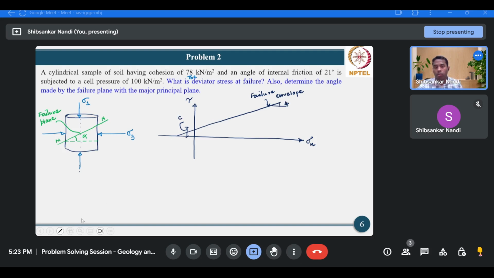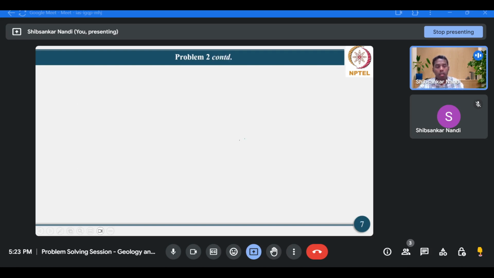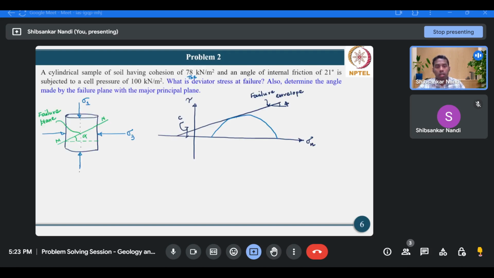Now we can draw the state of stress in terms of a Mohr circle. So this is the center of the Mohr circle.